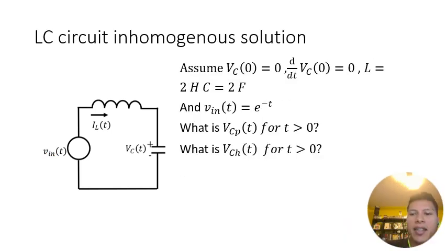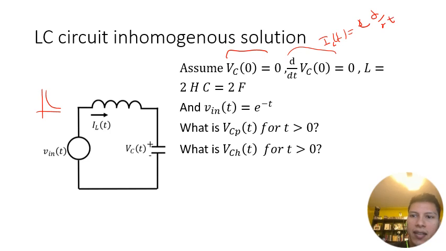Now we're actually going to look at what happens when we have an input. Like I said earlier, we're going to look at the specific case where we have a decaying exponential input, and 0 initial conditions for both IL of t, which is equal to C d dt of Vc, and the voltage across the capacitor.